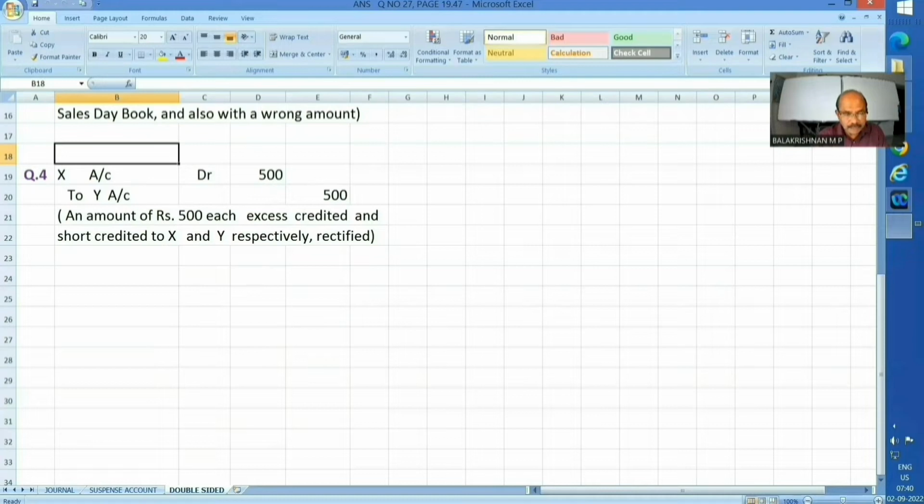Hence, a debit entry against his name. Similarly, Y should have got a credit of 4,000, whereas he has got a credit of 3,500 only. Hence, he needs a further credit of rupees 500. Okay. So this is a perfectly double-sided error, and the suspense account doesn't have a scope here.